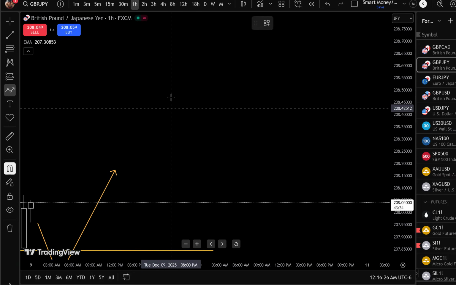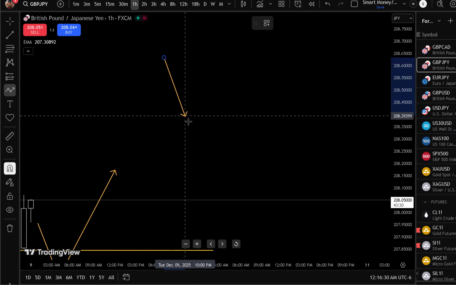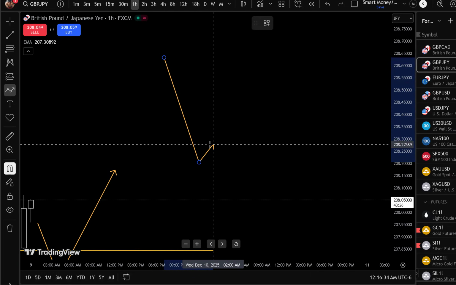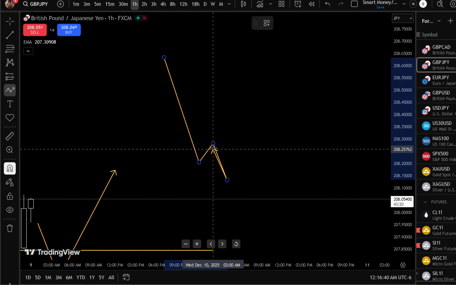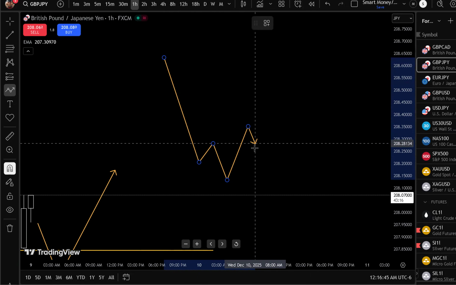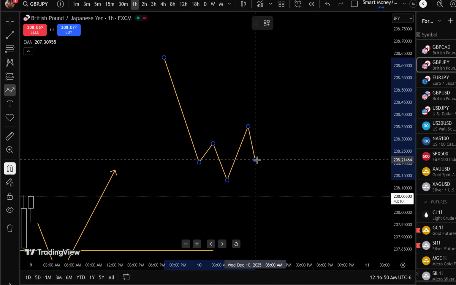So we got price coming down for our correction, and it's going to come up. It's going to come down, make another low, and come up. It's going to break this high that was made. Then it's going to come down here, right there. That's my entry right there.